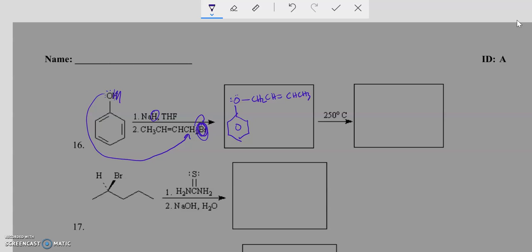If you want to write these structures in a better way, this is what you get, right? So oxygen here, 1, 2, 3, double bond, and 4. We are getting here the Claisen rearrangement mechanism.